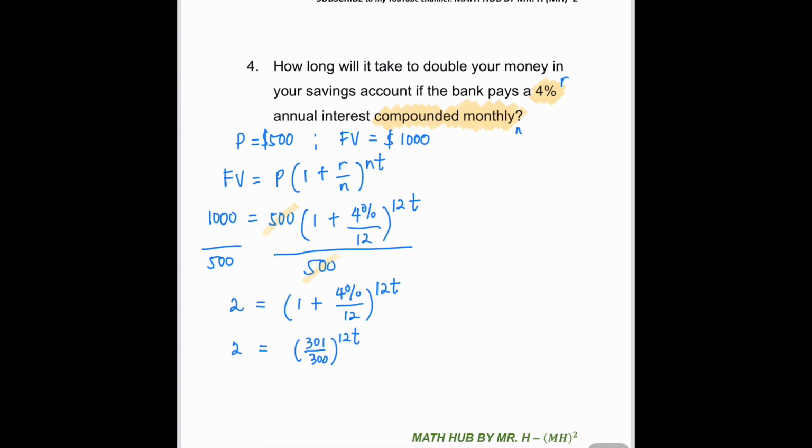Okay, and then from here we can take the log of both sides. So this is where the log kicks in. So log of 2 will be equal to 12t, which will be put forward, times log of 301 over 300. And then we divide both sides by log of 301 divided by 300.